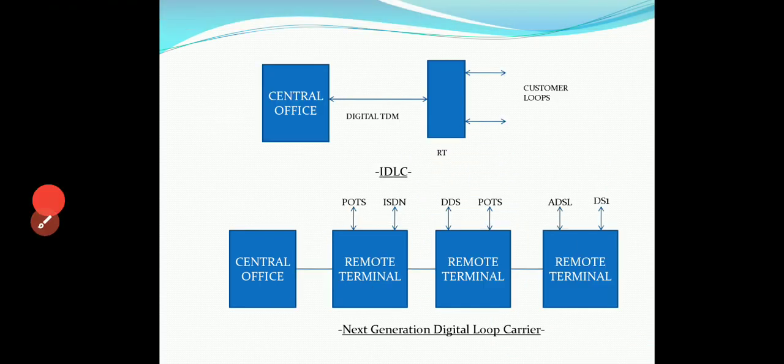But if we talk about IDLC, in IDLC basically there is no COT, there is no analog interface. When a UDLC system is interfaced with the digital system, certain inefficiencies occur, such as back-to-back multiplexing and demultiplexing, and A to D or D to A conversion.